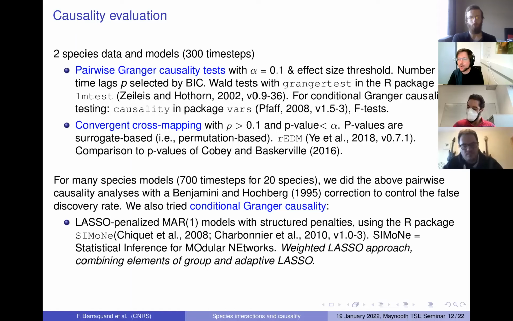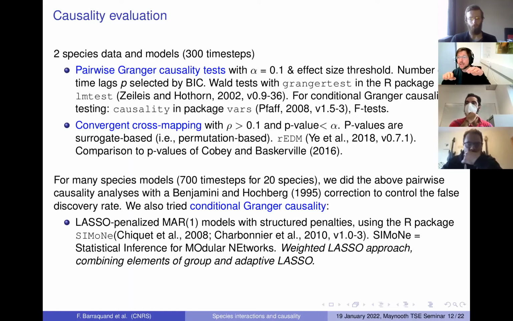And then our p-values are surrogate-based. So time series surrogates are a way to produce a null hypothesis by removing the cross-correlation between your time series.